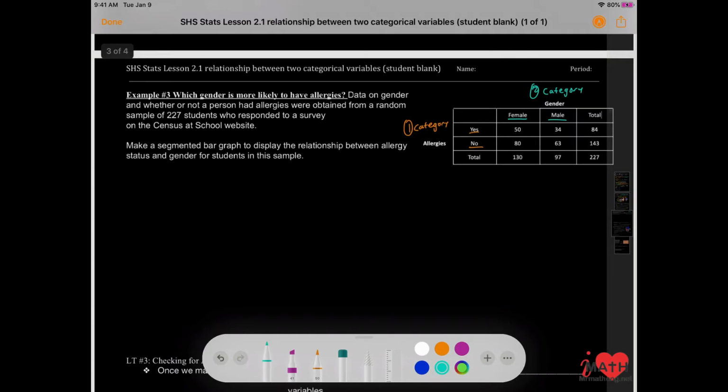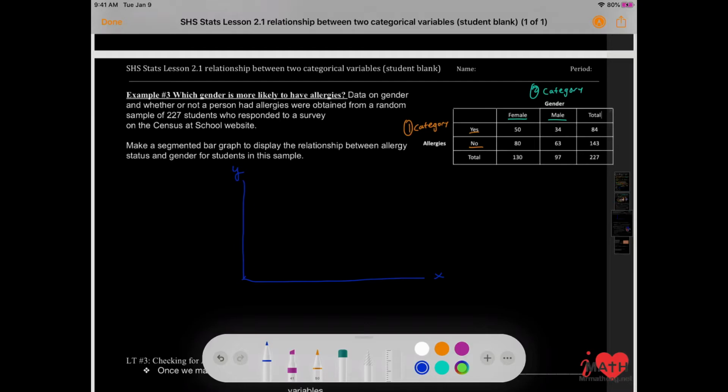Make a segmented bar graph for each of these, okay? So, if you go back, step number 1, we need to explain which one is our explanatory. Remember this is the x-axis and that's the y-axis. That might be super helpful for you.